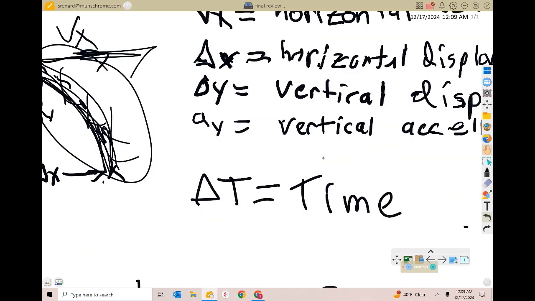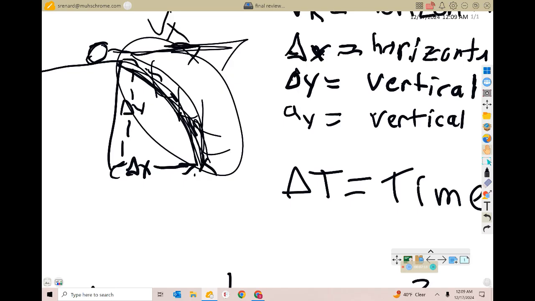So the standard problem goes something like this. An object rolls off of something, or is thrown off of something. And it falls a certain distance, and then we're either given how far away it fell or how fast it was moving when it fell, and asked to find the other one.